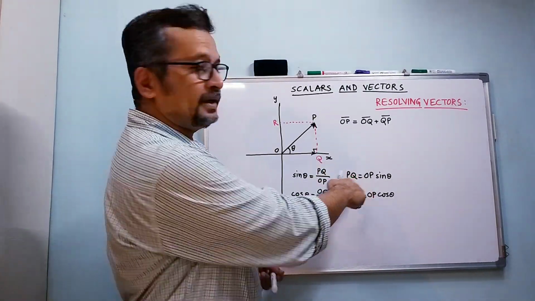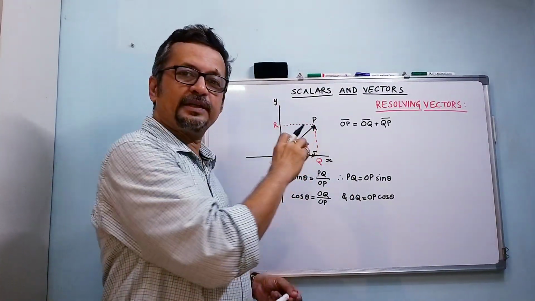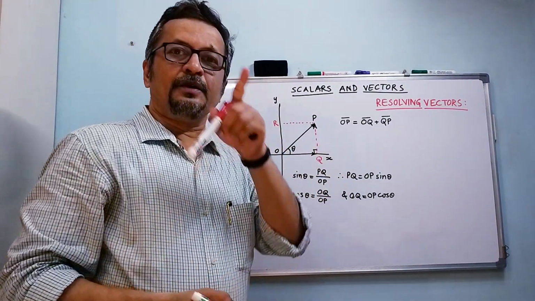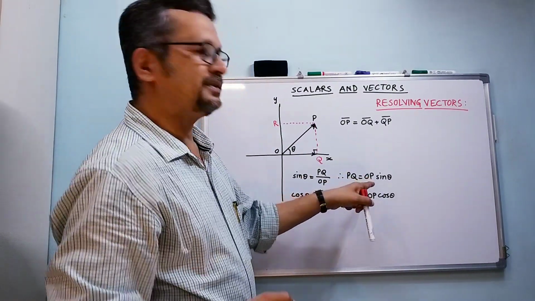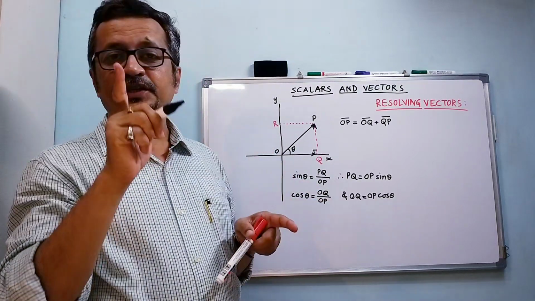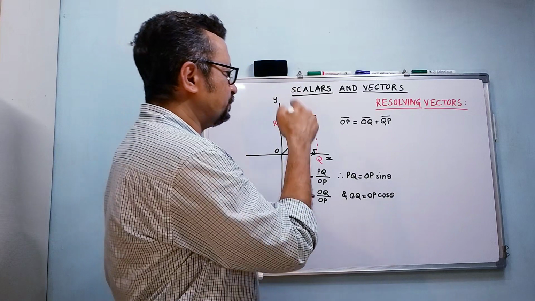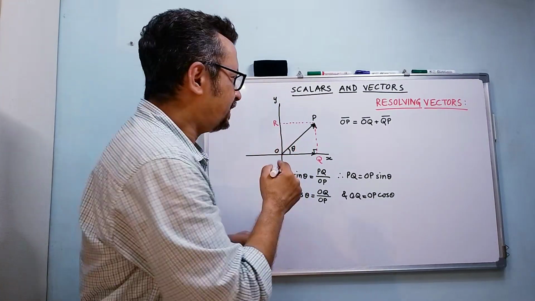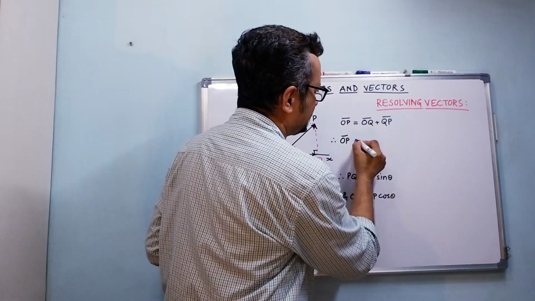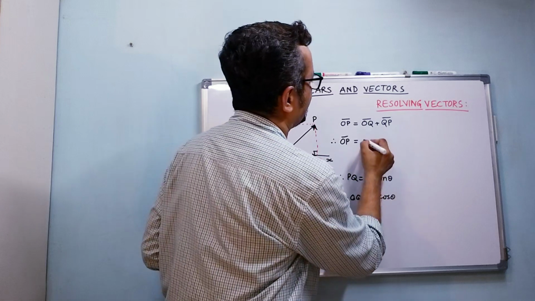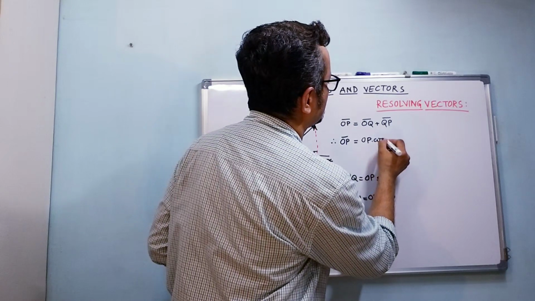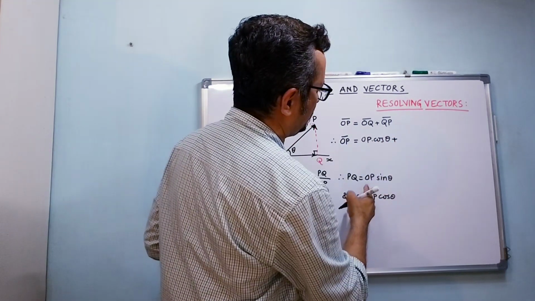Now what is this length OP? Is it not the magnitude of this vector OP bar? Yes, it is. So for getting components of a vector, what I need is the magnitude of the original vector and the inclination of that vector with the positive x-axis, right? So therefore I can say OP bar is equal to OQ, which is OP cos theta, plus OP sine theta.